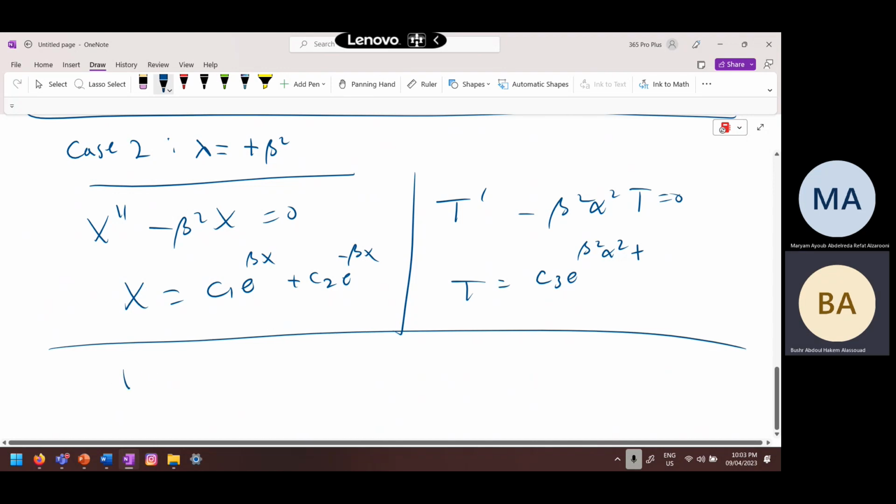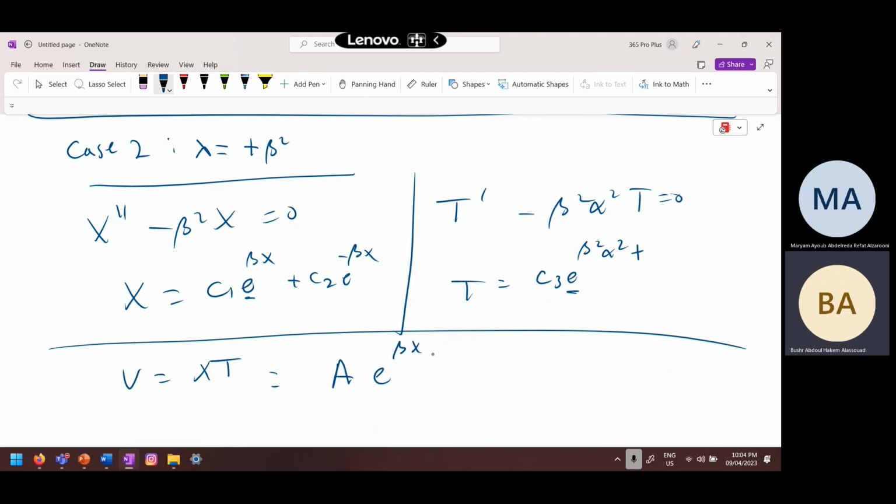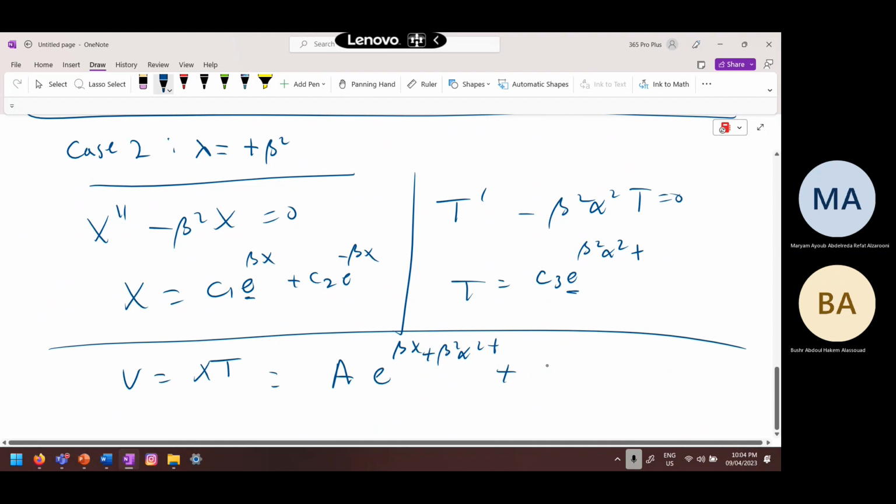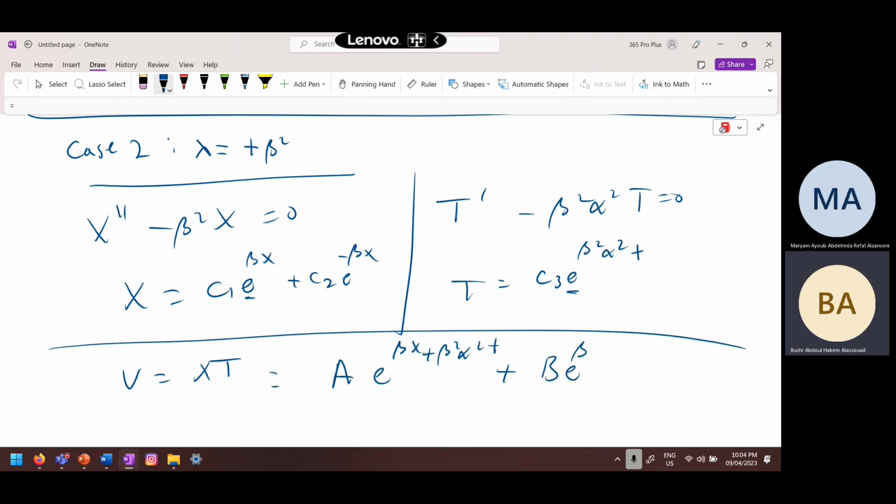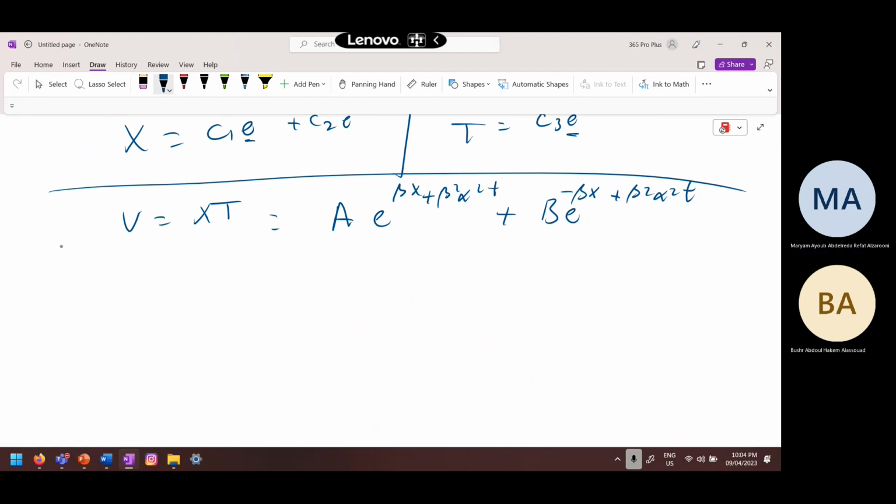Now substitute in the assumption X of T, and you will get a e to the power, again, same bases, so we'll have the summation of the exponents. So beta x plus beta square alpha square t, plus b e to the power negative beta x plus beta square alpha square t. Okay.